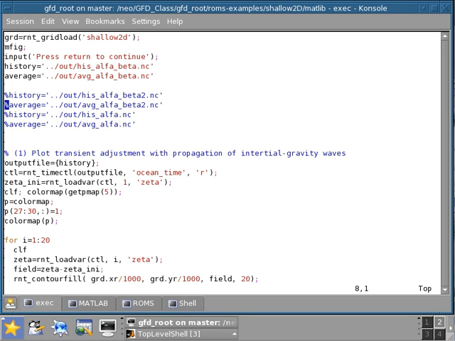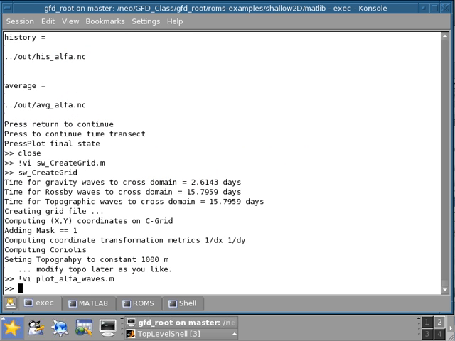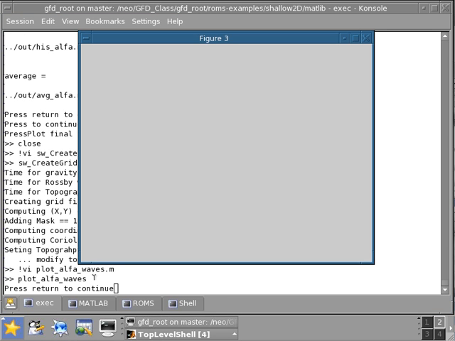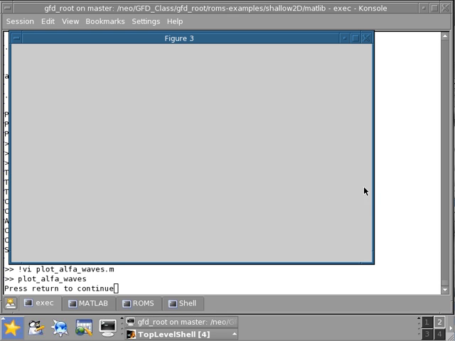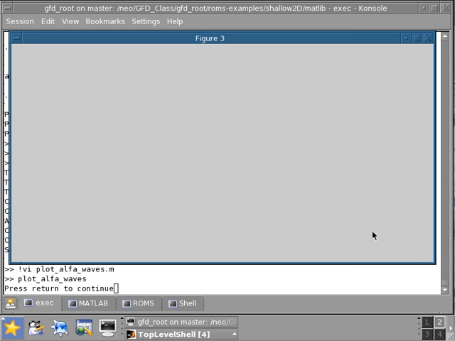Okay, so now the history file and average file for this solution where both alpha and beta are present is called his_alpha_beta_c. You can call it whatever you want. And if we now plot this, what we expect is that the two effects should be opposite to each other, and so the bump should actually remain in place.